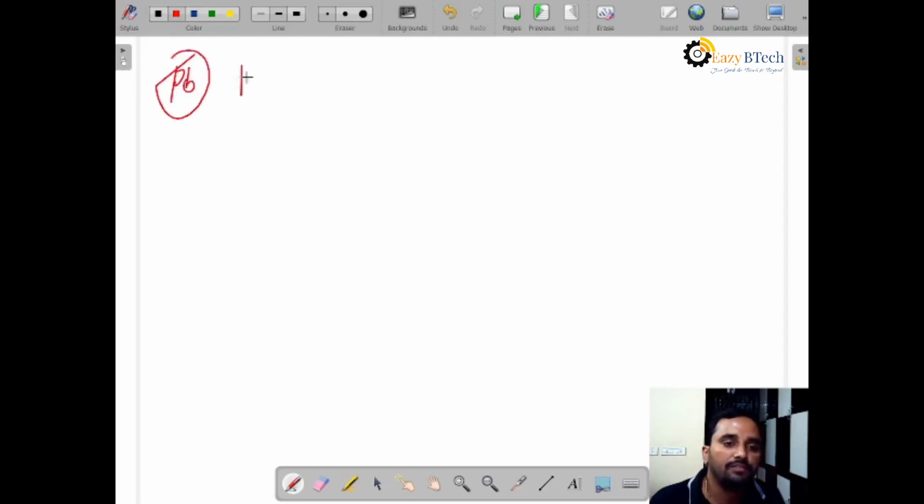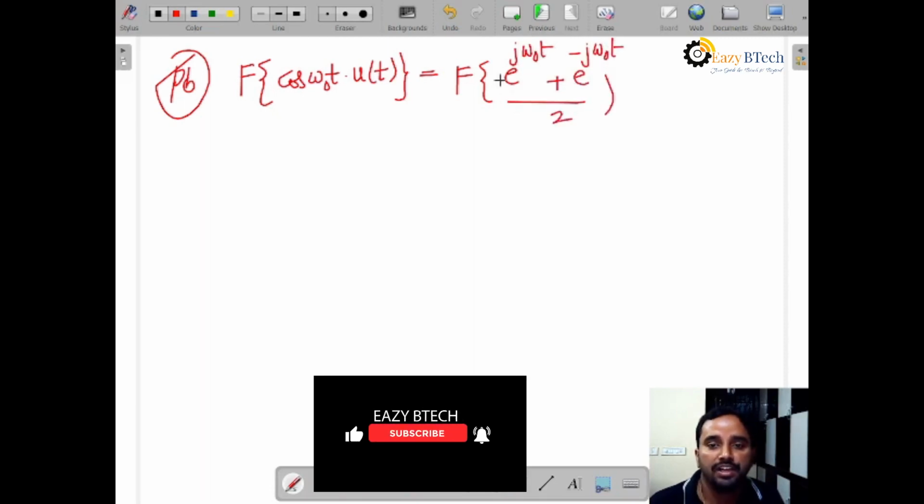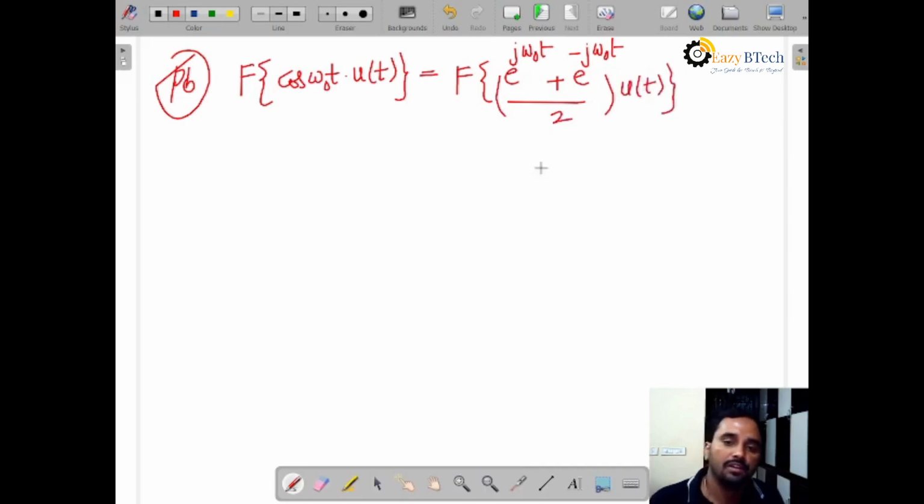So find Fourier transform of cos omega naught t u of t. This cos function can be written in terms of exponentials: e to the power j omega naught t plus e to the power minus j omega naught t, by 2. This is the cos function into u of t. Now write separately: 1 by 2 we can write outside.